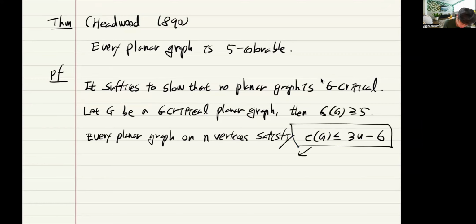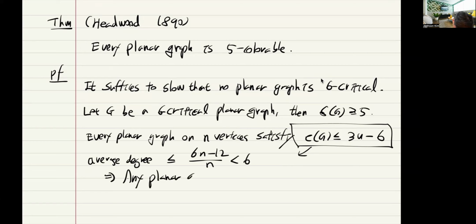And then that shows that the average degree is at most 6n minus 12 over n, which is smaller than 6. So that means there must be a vertex of degree at most 5 in any planar graph. In other words, any planar graph is 5-degenerate.